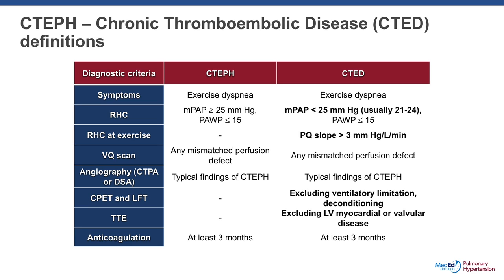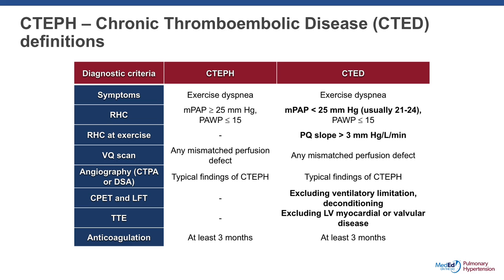The right heart cath is really the important thing that differentiates the presence of pulmonary hypertension in CTEPH versus the absence of pulmonary hypertension in chronic thromboembolic disease. Sometimes we learn a little bit about the impact of the chronic thromboembolic disease at the time of cath when we exercise the patient and their PQ slope is greater than 3 millimeters of mercury per liter per minute.